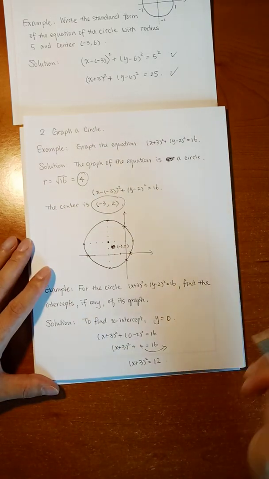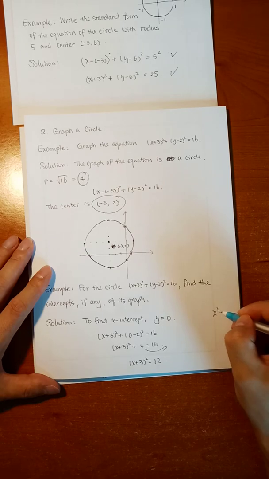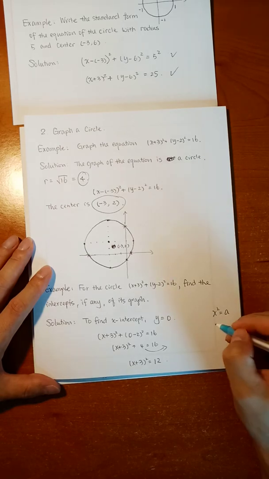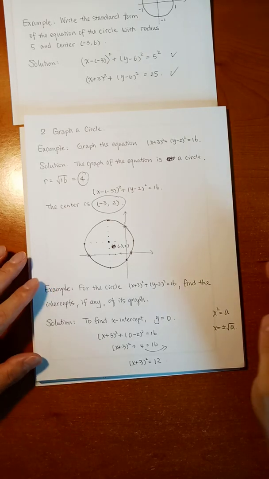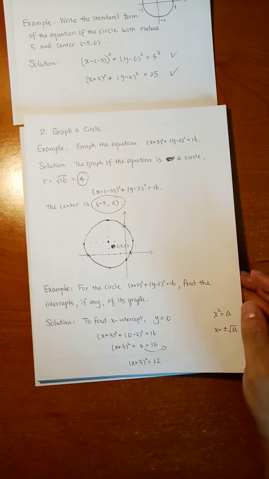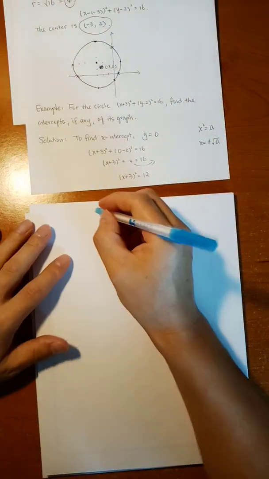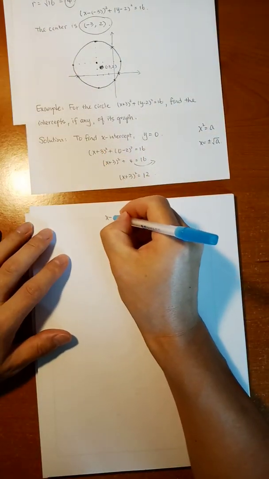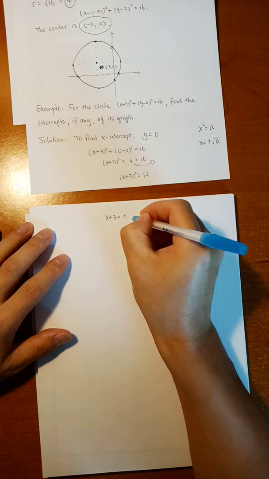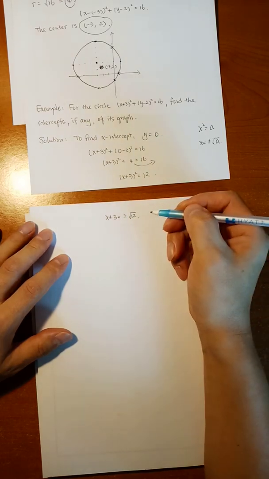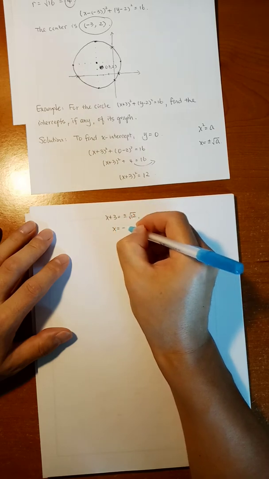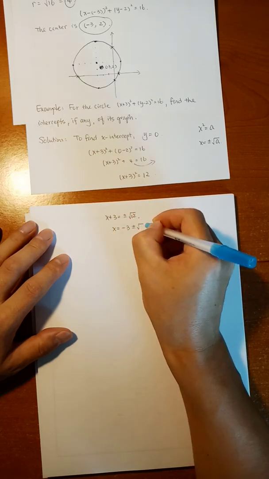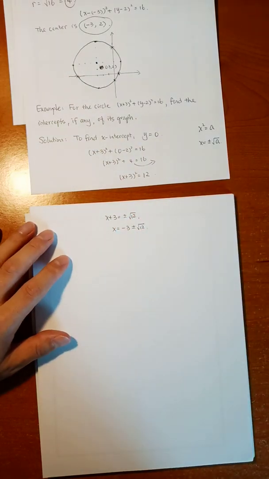Remember that whenever you have x squared is equal to a, where a is positive, then x is plus or minus the square root of a. That's the definition of a square root, right? So x plus 3 squared is 12, then x plus 3 is equal to plus or minus the square root of 12. Then you move 3 to the right side, it's negative 3 plus or minus the square root of 12.